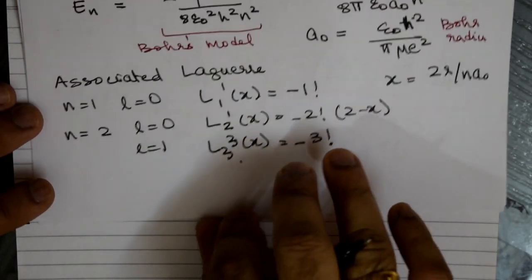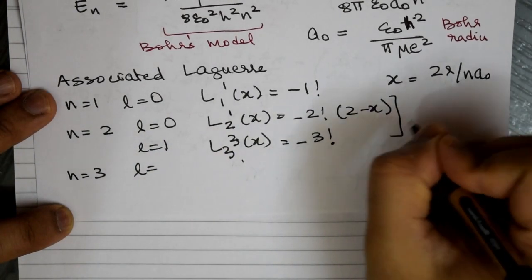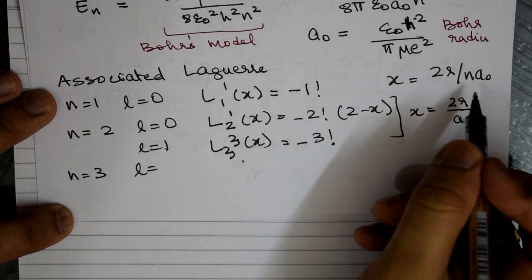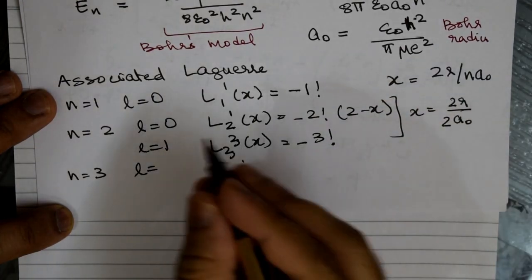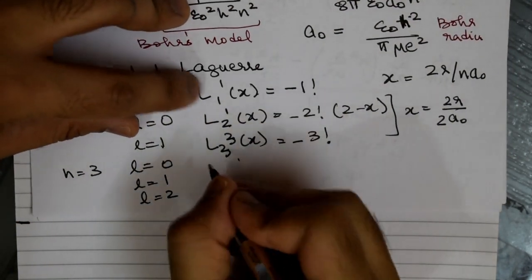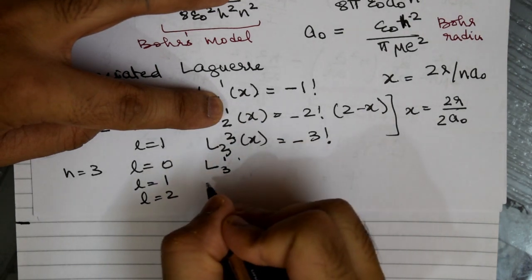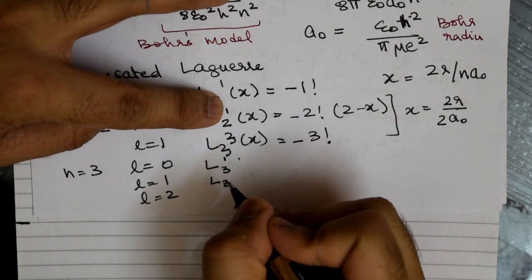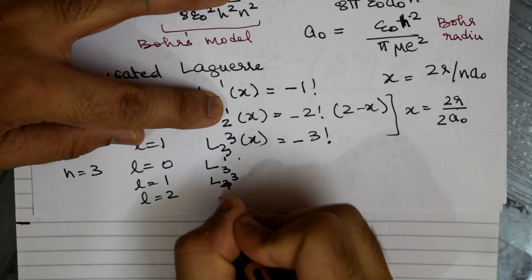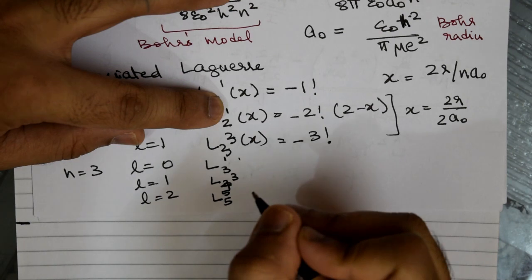And moving further, for n equal to 2, x will be 2r by 2 a naught, that is r by a naught. For n equal to 3, L can be 0, L can be 1 and L can be 2. So the solutions here would be L_3^1, L_4^3 and L_5^5, because 2 times 2 plus 1 will be 5.